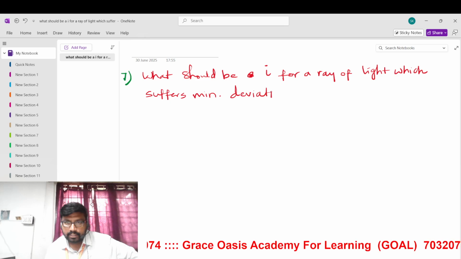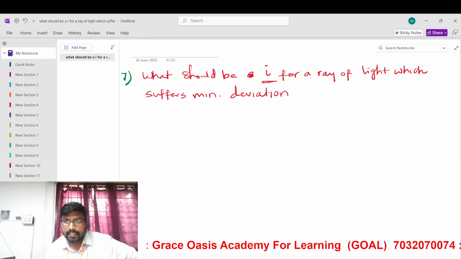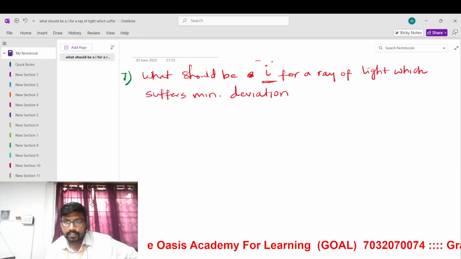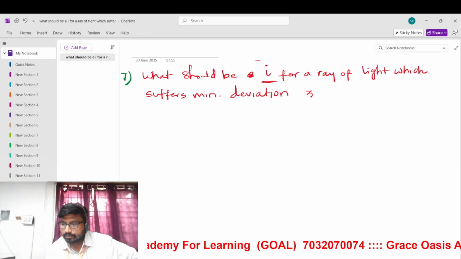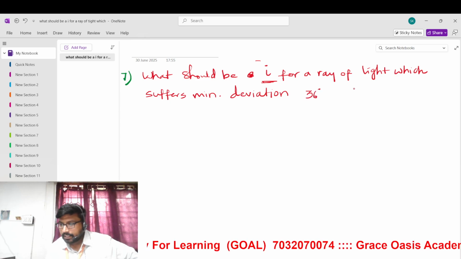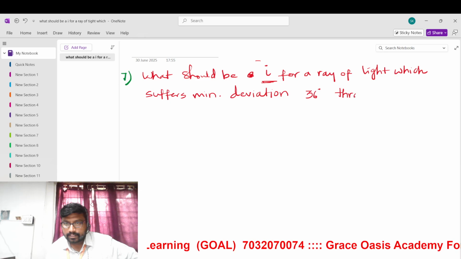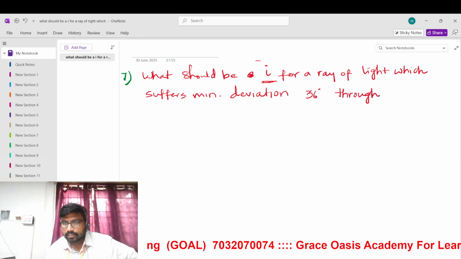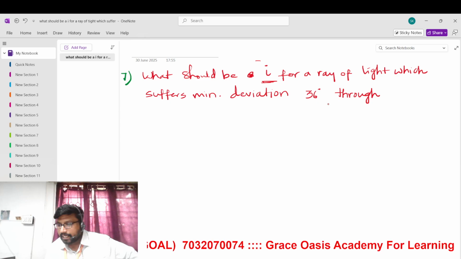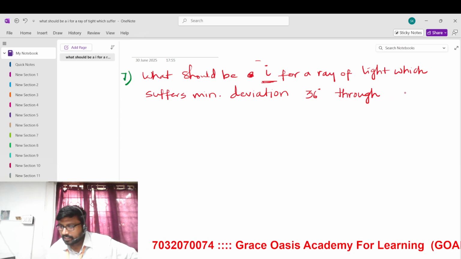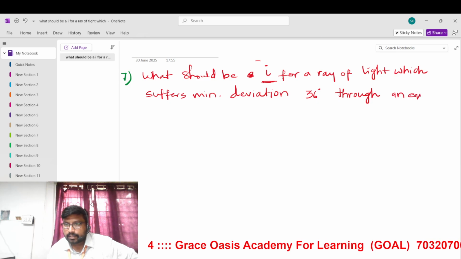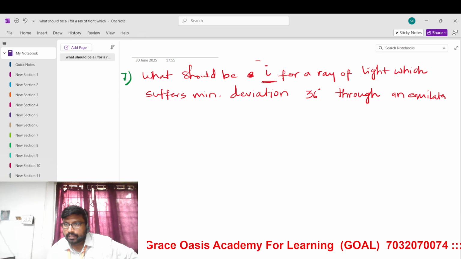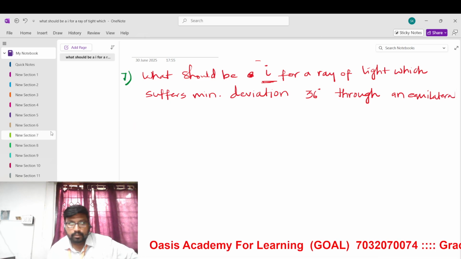Now minimum deviation is also given. What should be the i they are asking? What is the incident angle they are asking? So minimum deviation they are giving as 36 degrees. In a way, this is the reverse of the previous question. You will get the answer as 48. Okay, right? Through an equilateral prism.